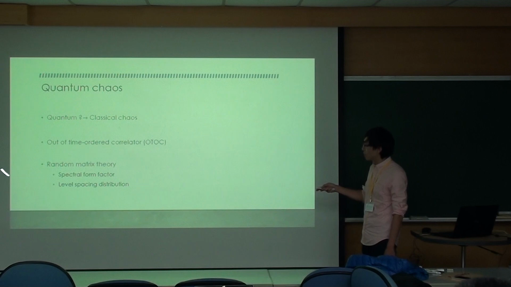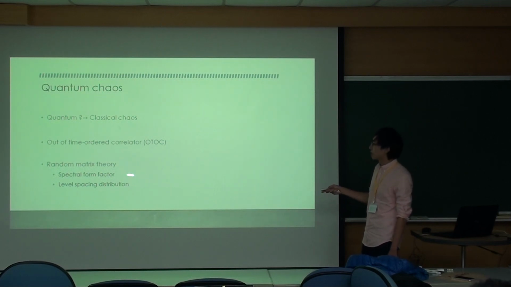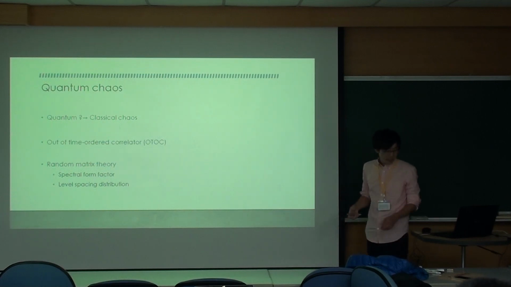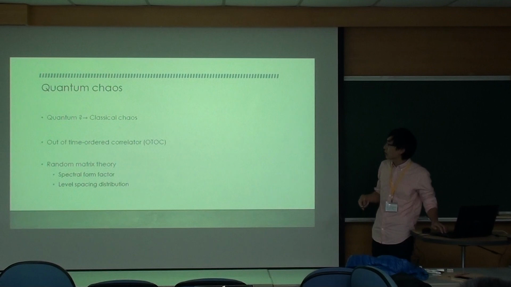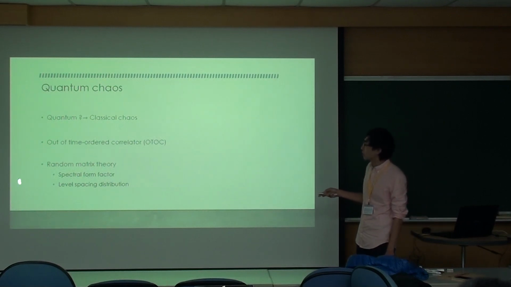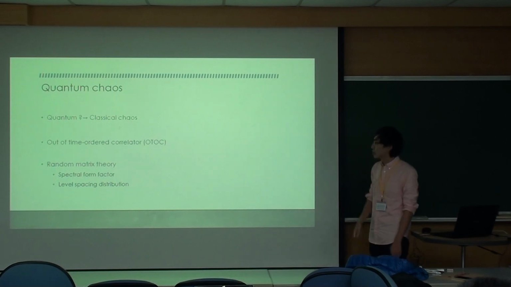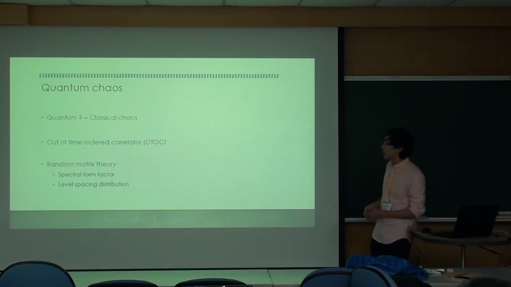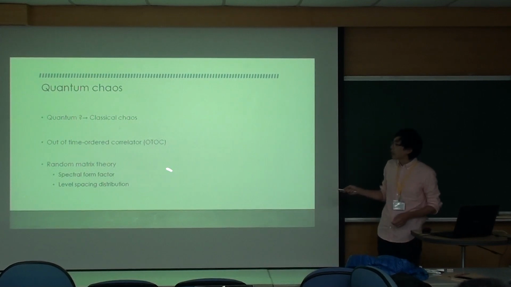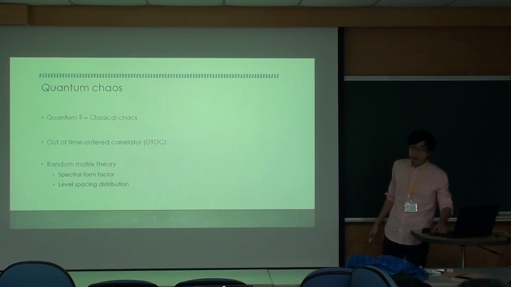Within this framework, we can look at the spectral form factor and the level spacing distributions, and see whether the system is chaotic or not. In this talk, we'll focus on the random matrix theory side and look at the spectral form factor, and also briefly mention how the level spacing distributions look for a chaotic system. We'll see whether these two are good quantities to quantify chaos.